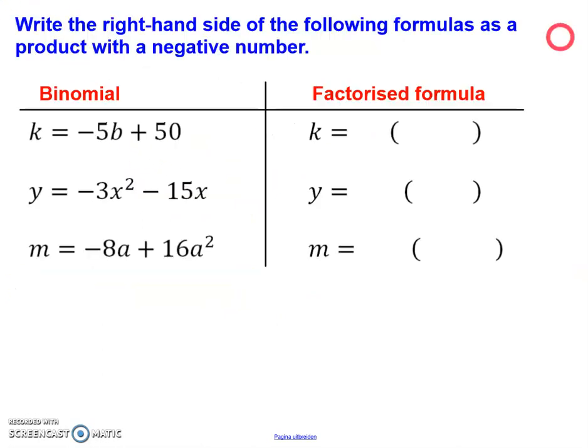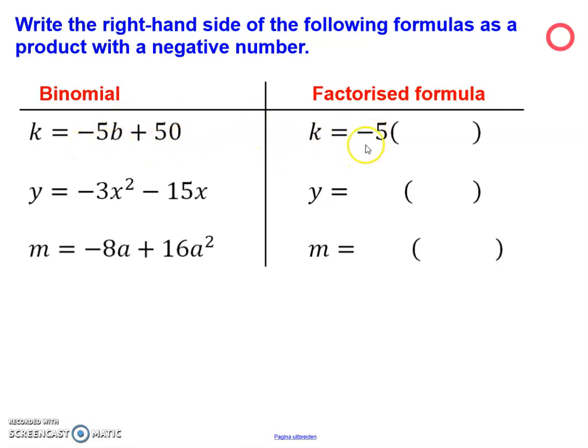So the last two examples have to do with a negative number. They are asking: write the right-hand side of the formula as a product with a negative number. And this means the number outside the brackets should be a negative number. So when I look at this formula, the common factor is 5, but also minus 5. So I'm going to write down outside of my brackets minus 5. And I'll look closely, so this stays the same formula.